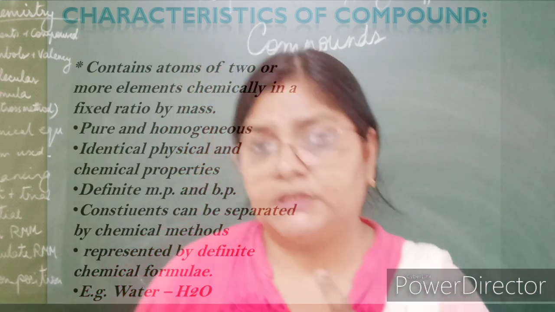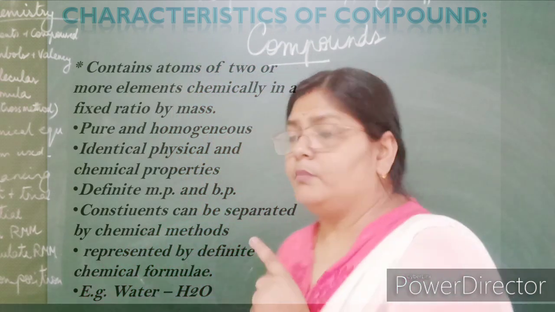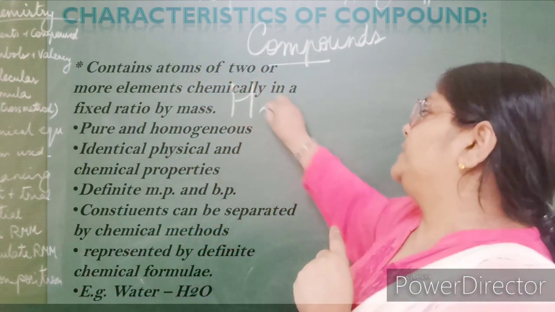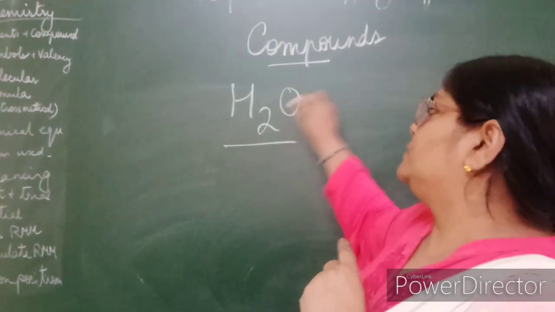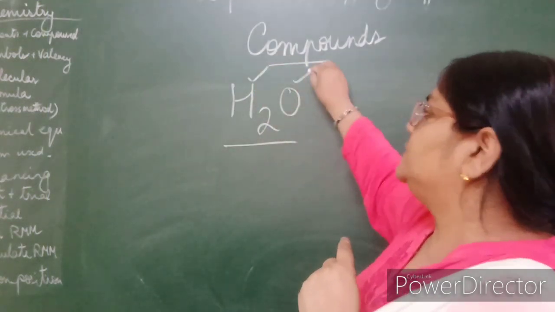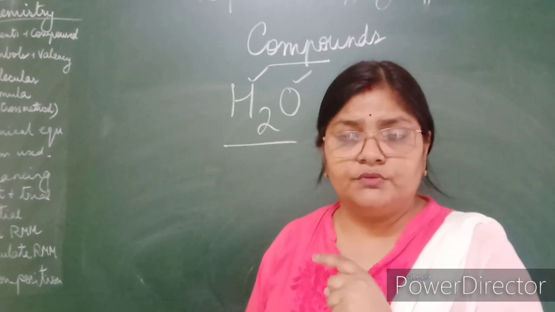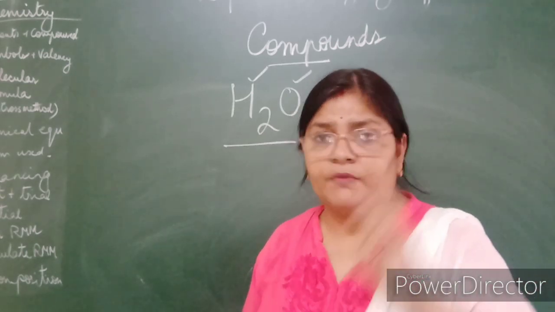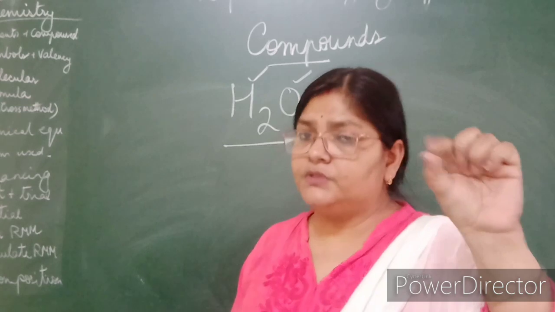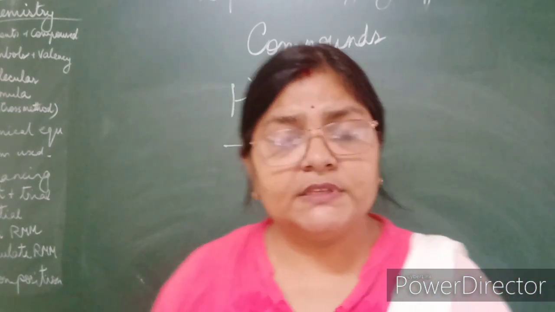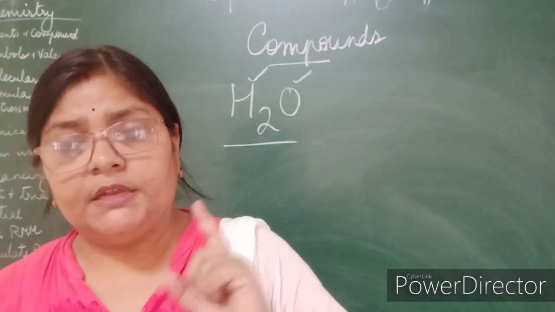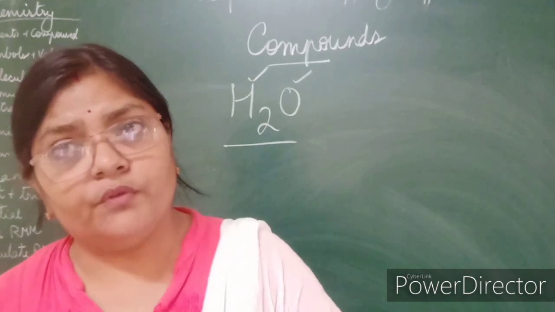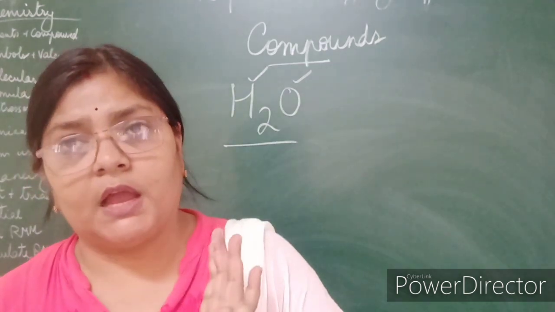If you take water, for example, the molecular formula of water is H2O. So here two atoms of hydrogen and one atom of oxygen are used. So this is the same. If you take a glass of water, even the first drop or the last drop will have the same combination. The particles of the compound are always of the same kind, right?